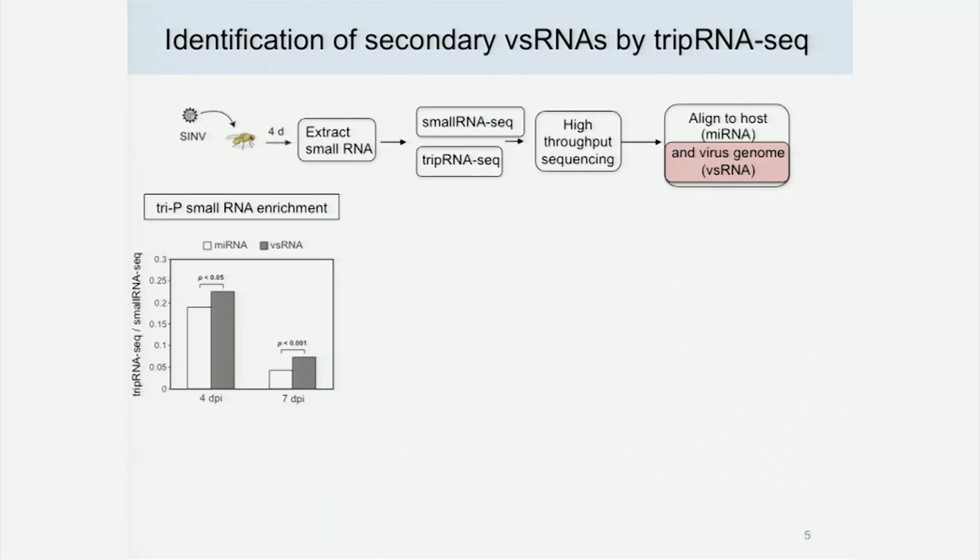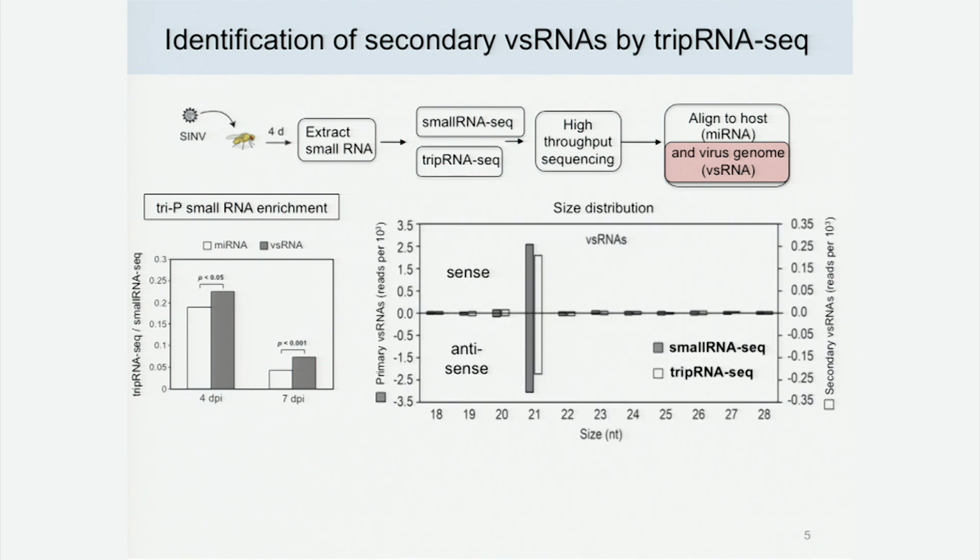So I went back to my flies, injected them with my favorite arbovirus, Sindbis, waited a few days, extracted the small RNAs, proceeded with these two techniques, and then looked at the sRNAs mapping to the viral genome to see which ones target the virus. As you can see here, when you look at the enrichment of tripRNA-seq versus normal sequencing, here in gray, you can see that there's a specific, significant and consistent enrichment of vsRNAs with triphosphates at 4 days post-infection and also 7 days post-infection.